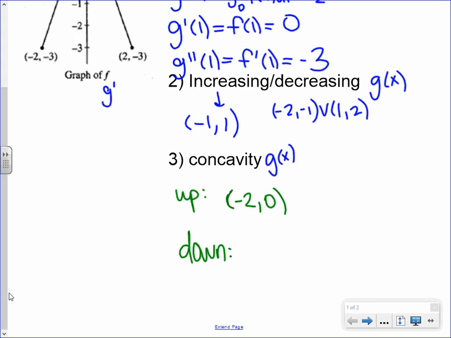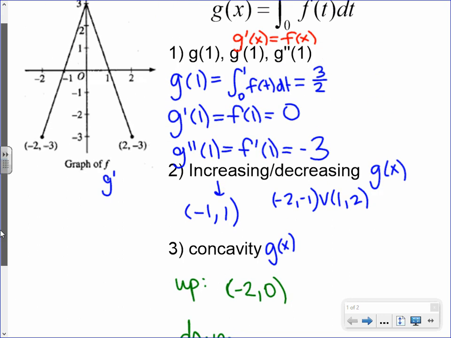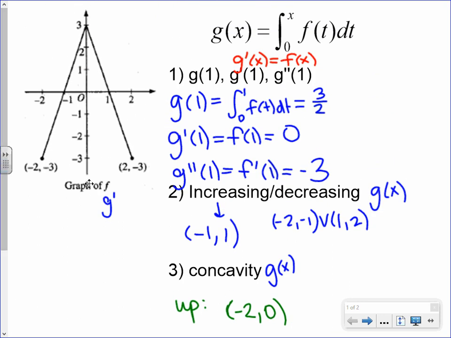Okay. Our derivative is increasing, which means the derivative has positive slope. We're looking at the second derivative, which is the derivative of the derivative. For the derivative, we look at slope. So here's our derivative graph. We look at the slope of the derivative to get the second derivative.